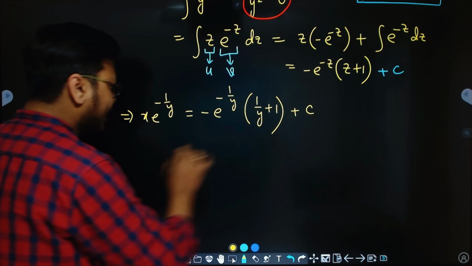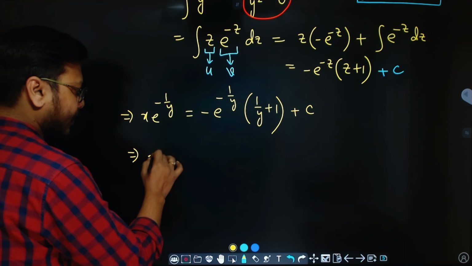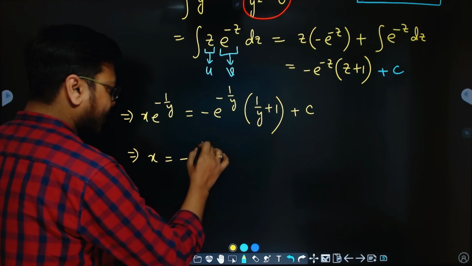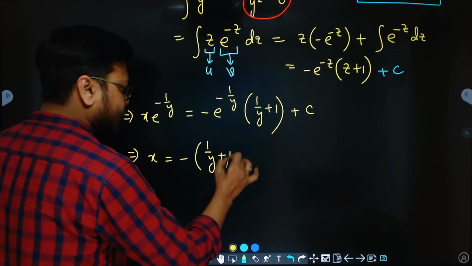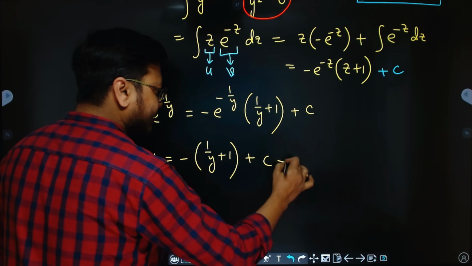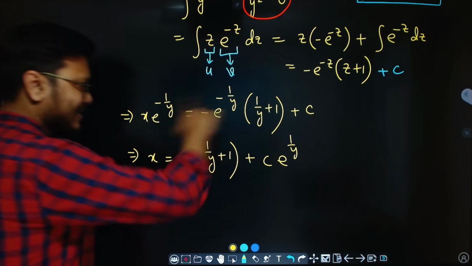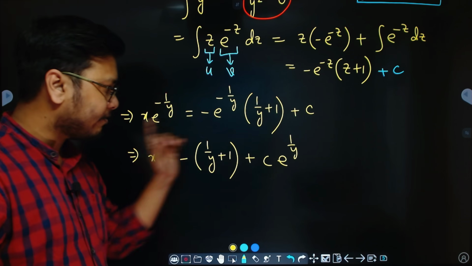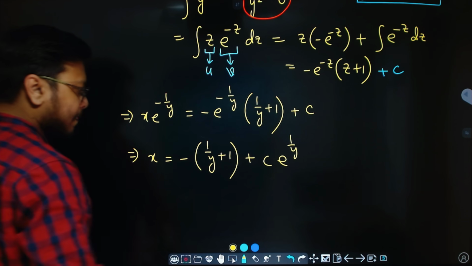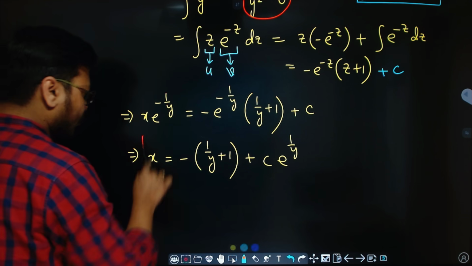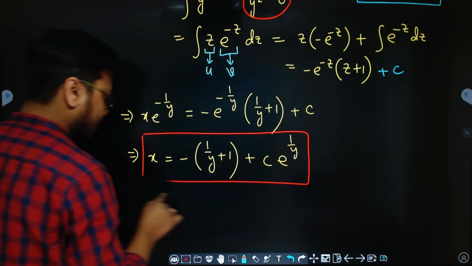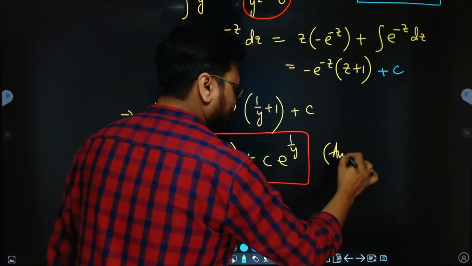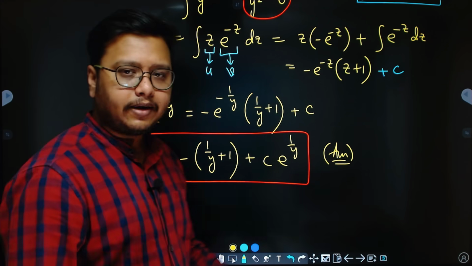So if I divide by e to the power minus 1 by y, I'll have x equals minus 1 by y plus 1, plus c e to the power 1 by y, because basically I've multiplied with the e to the power 1 by y on both sides, right? So this is our final answer to the differential equation, right?